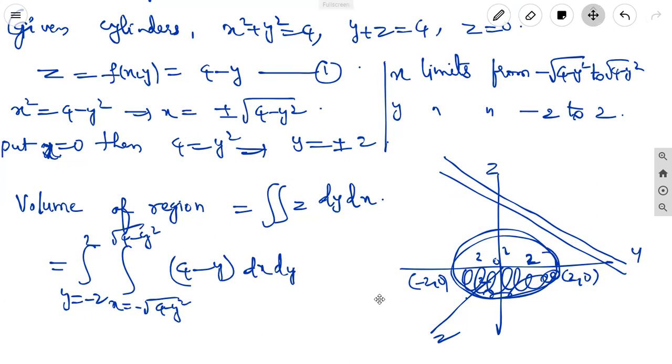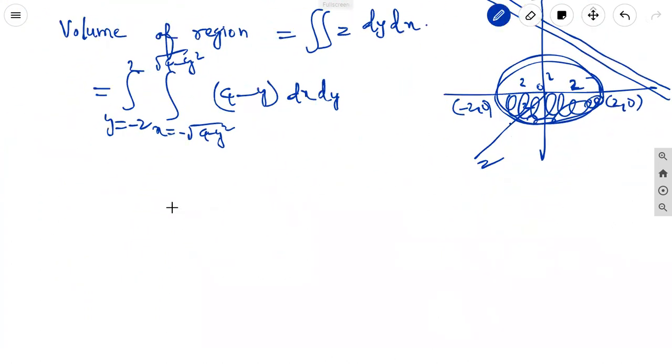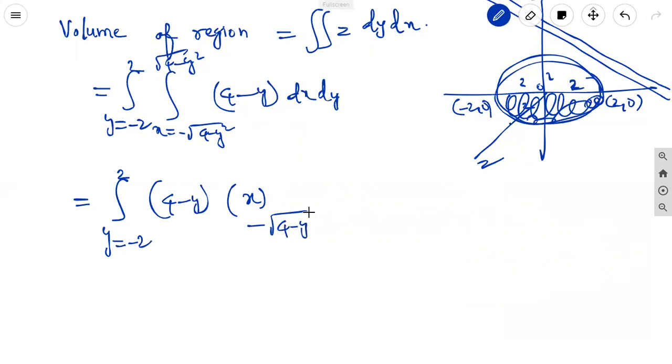Now we take the integration. It is equal to the integral from y equals minus 2 to 2. 4 minus y is a constant, since we are integrating with respect to x, with x limits from minus the square root of 4 minus y squared to plus the square root of 4 minus y squared, dy.